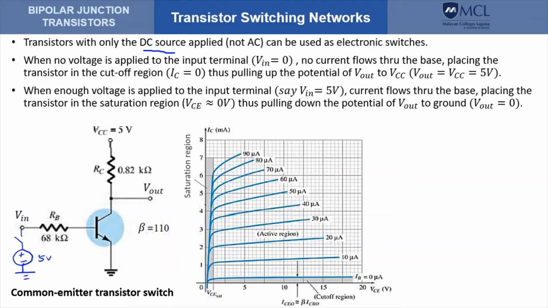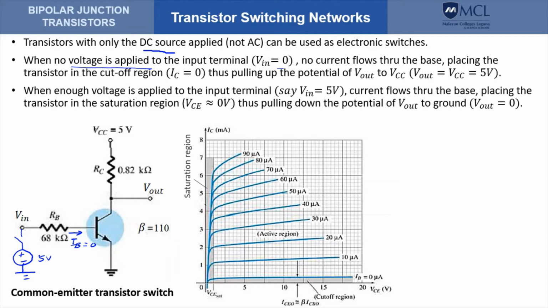So if the switch is open, that means there's no voltage applied to the input, and therefore V sub in is 0. So there's no current that flows through the base terminal, so I sub B here is equal to 0.